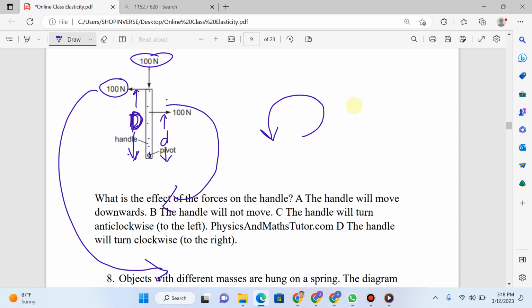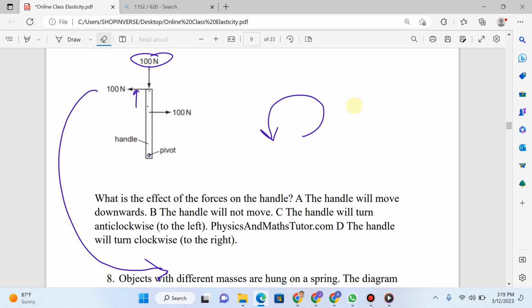Okay, so if you look at option A, the handle will move upward, downwards, no. B, the handle will not move. Wrong. Option C, the handle will turn anti-clockwise. That is correct.